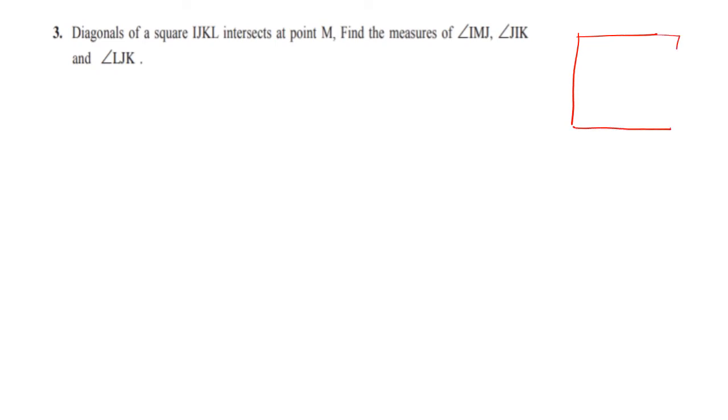Square IJKL. All the measures of the angles of a square are 90 degrees.